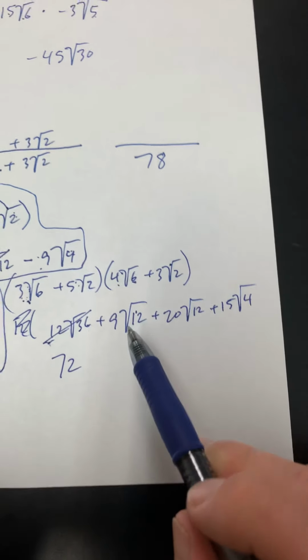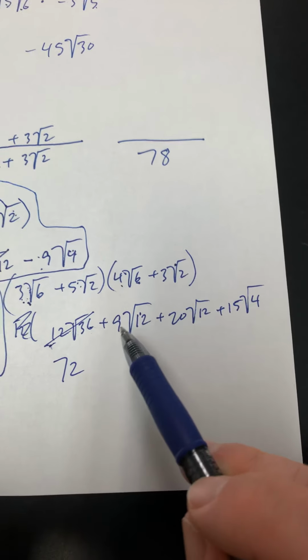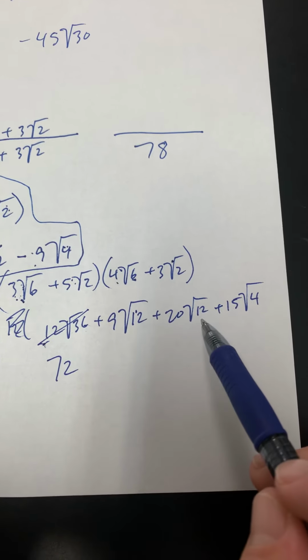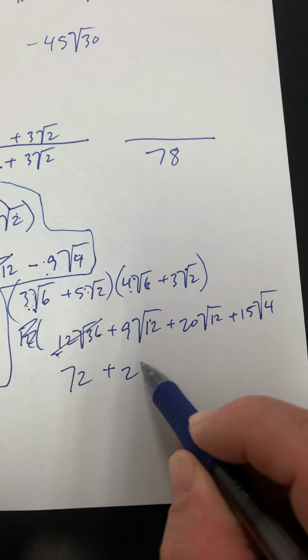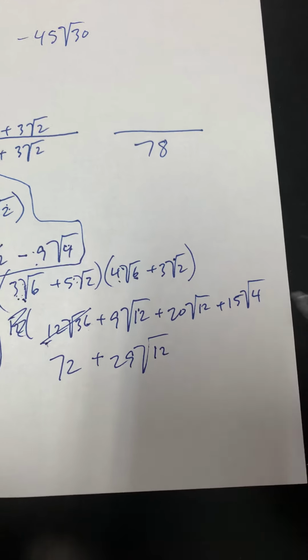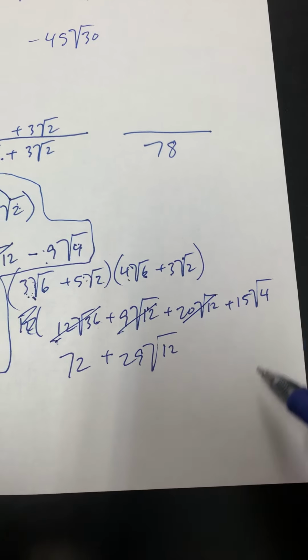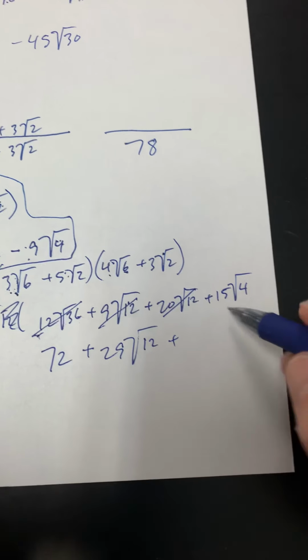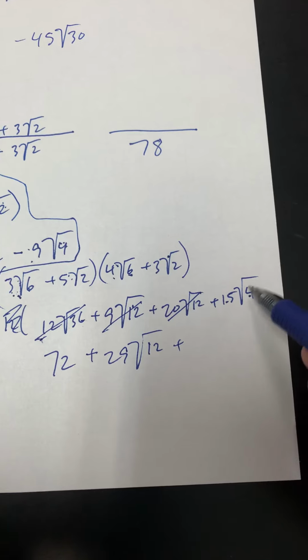All right, now these two terms right here can actually be combined. It's just like saying 9a plus 20a. Okay, so this actually gives us 29 times the square root of 12. Okay, so we combine those. And then this is actually 15 times the square root of 4, which is 2.